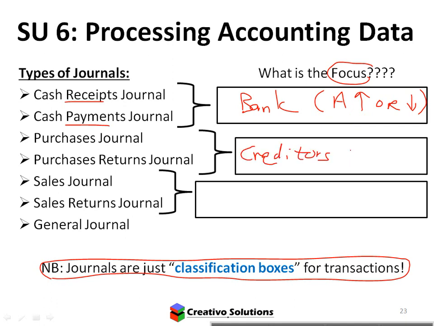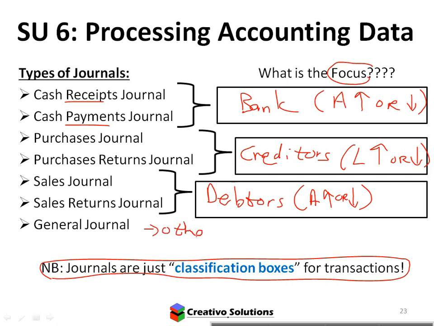Creditors will either go up, liability increase, or decrease. Sales: who do I sell to? Debtors. So debtors, asset, increase or decrease. And then the general journal is for other transactions, things that aren't affecting bank, creditors or debtors.